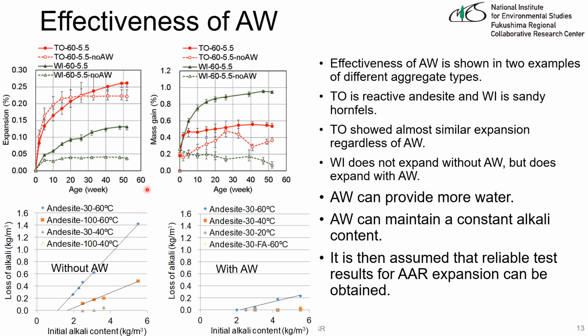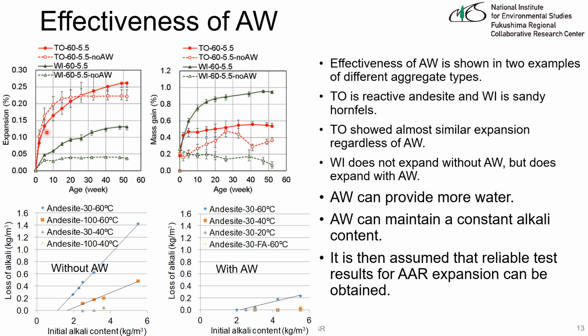In these figures, the effectiveness of alkali-wrapping is shown. We examined various kinds of aggregate, but here two examples of different aggregate types are shown. TO is reactive andesite, and WI is sandy hollow fels.